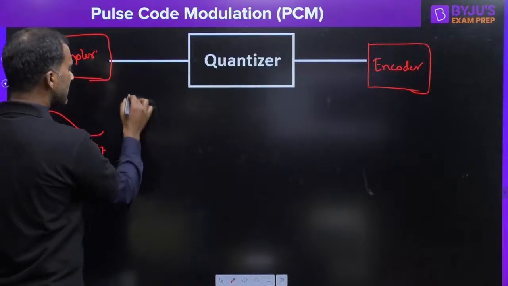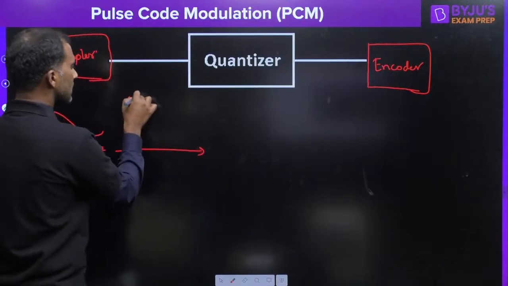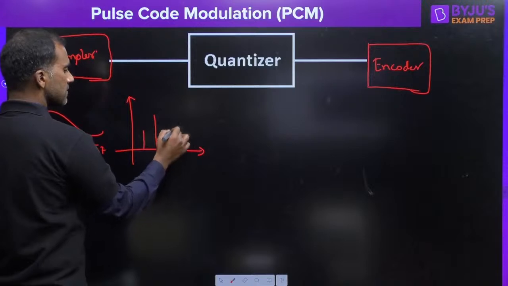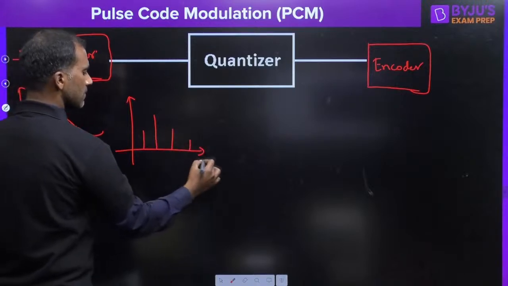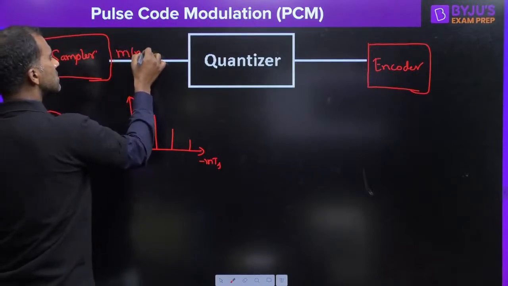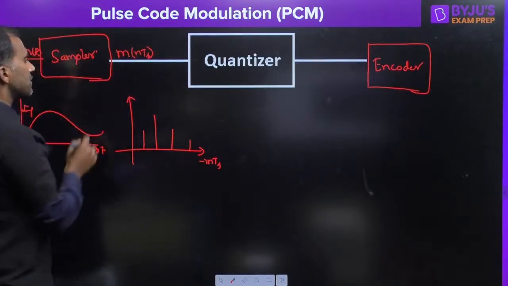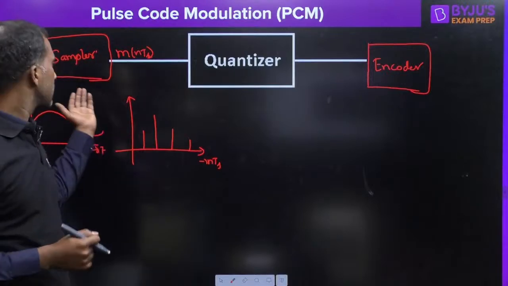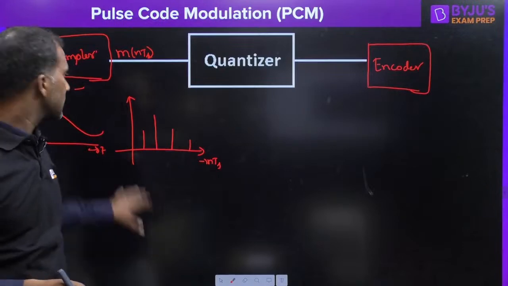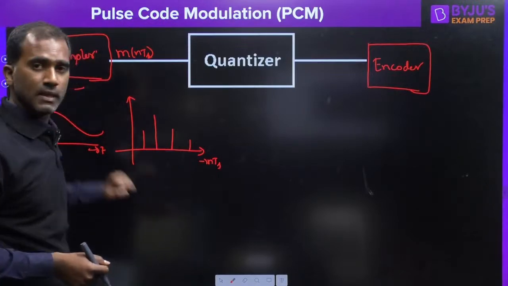Now, after the sampler, we know roughly how the output looks, something like this, as a function of nTs. So what we have here is m of nTs, and we know the criteria that we should be satisfying here: Fs should be greater than or equal to 2B, and tau should be less than or equal to Ts by 10. That is the condition that we should satisfy while designing a sampler block.